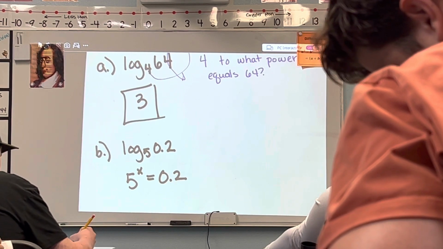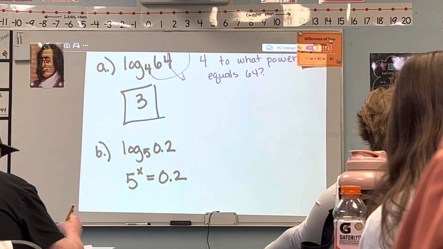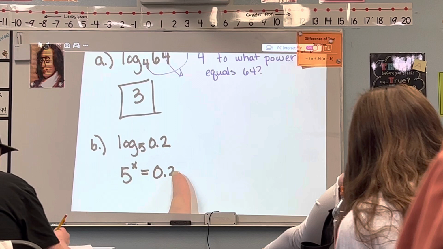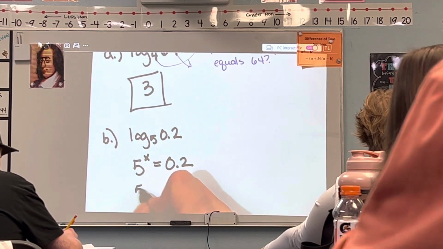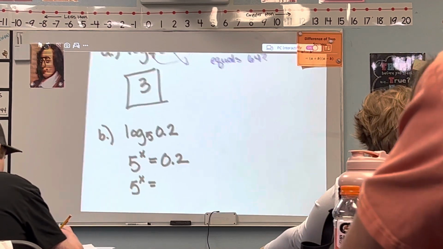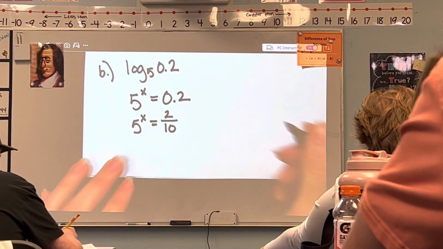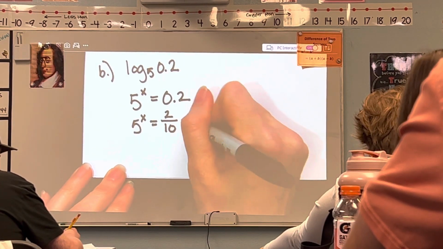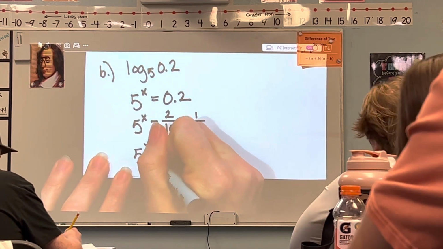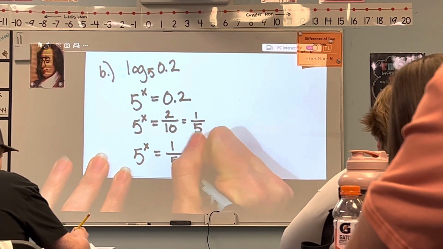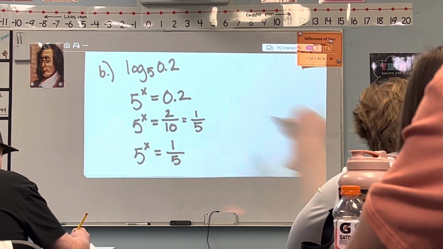So what will help you is to change the decimal to a fraction. 0.2 is 2/10, which is 1/5. Now we've got something that makes sense. 5 to what power equals 1/5? What would make 5 flip over? Negative 1. Good, so this equals -1.